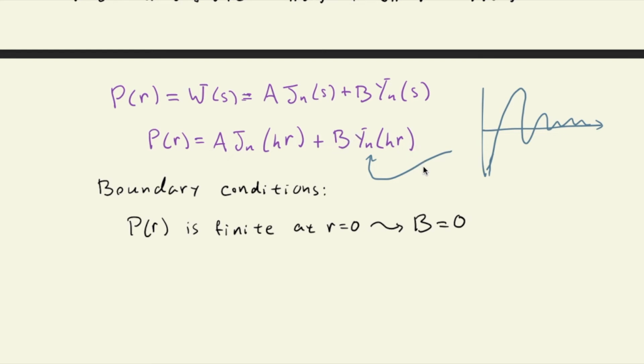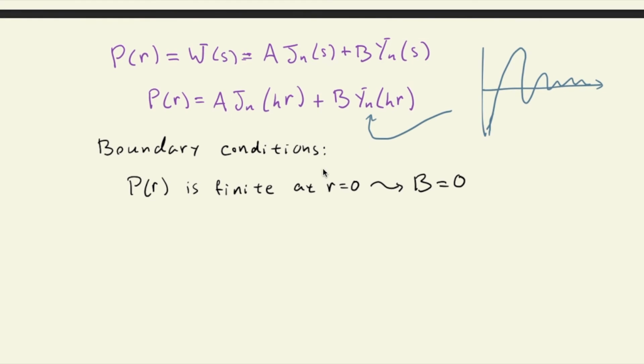But if we want our function P to be finite at R equals 0, we need to get rid of this function of the second kind. It's going to give us trouble. So at this point, we find that P of R then has to be a multiple of a Bessel function.